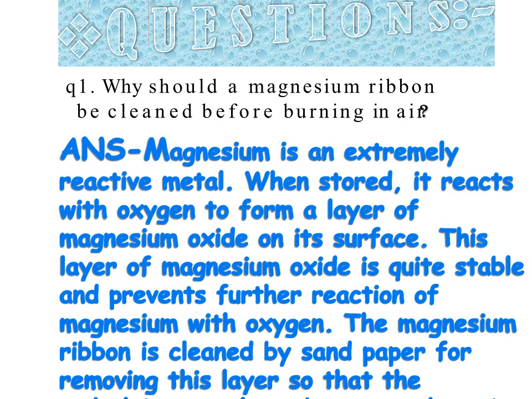So before burning, it should be rubbed hard with sandpaper, or you can scratch it with a knife. So this layer of magnesium oxide should be removed before burning the magnesium ribbon.